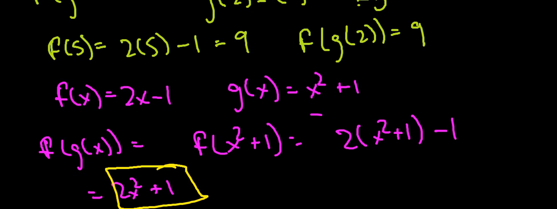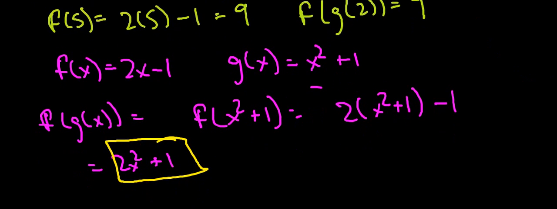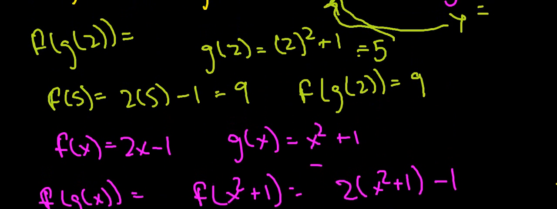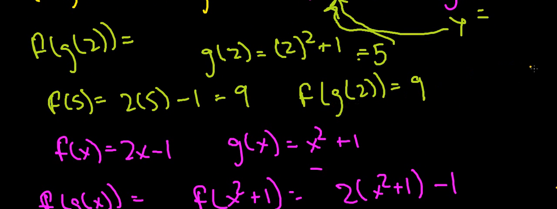So this is our answer. If we put 2 in for x, like we did originally, we get 2 times 2 squared plus 1. So 2 squared is 4, times 2 is 8, plus 1 is 9. So we got the same answer that we did over here when we did each of them independently.